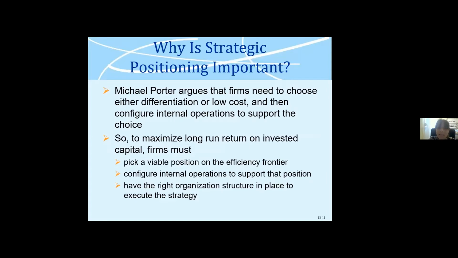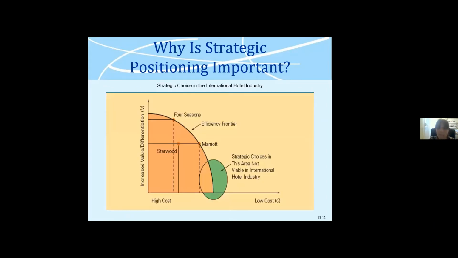Why is strategic positioning important? This is a very important issue to discuss. The figure illustrates his point. The convex curve is what economists refer to as an efficiency frontier.